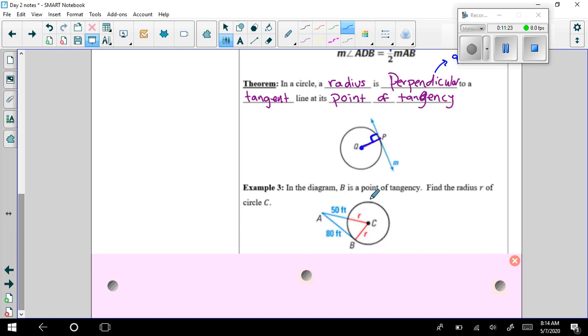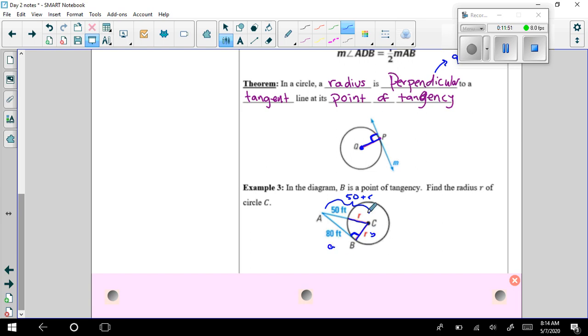And so B is a point of tangency. That means that this is a right angle, and now we have a right triangle. And we know that this distance and this distance are the same because they're both radii. And we can set this problem up and find what the length of that radius is. And so we have this side here, which is 50 plus r, and we have 80 and we have r.